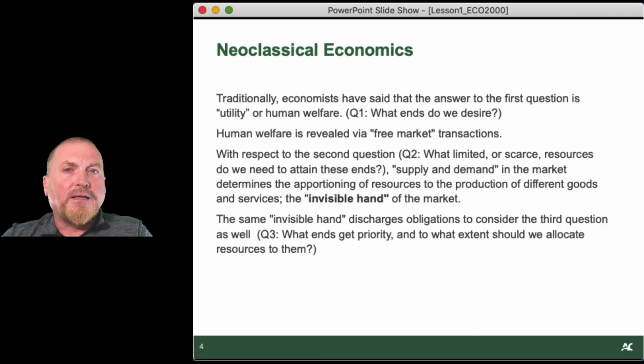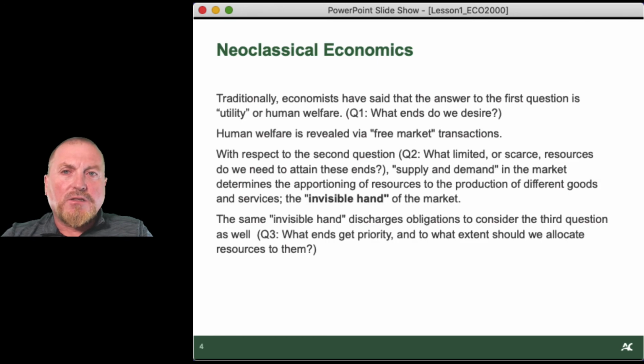Each individual discrete decision on what to buy, what to consume, and how fast to consume it is made by independent free actors in the marketplace, and that's why we call it the free market. Collectively, those discrete decisions form the shape of the entire market at any given time, and that's called the invisible hand of the market.